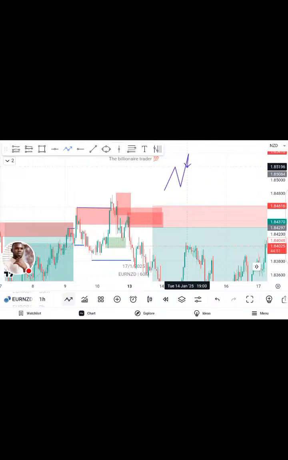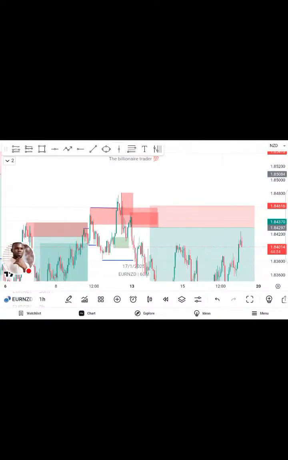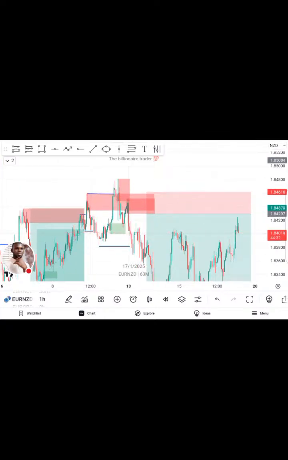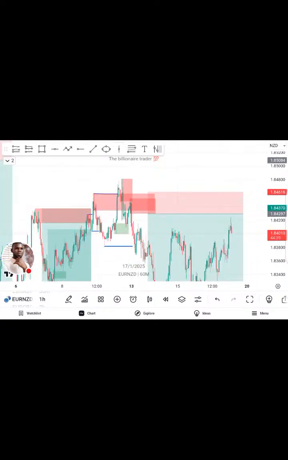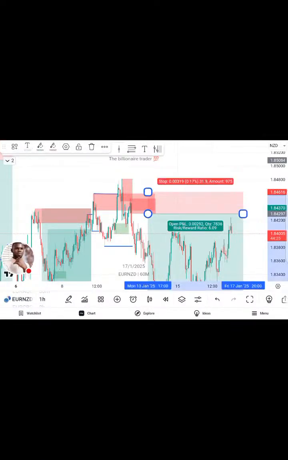Then we have a break of structure being invalidated, another break of structure. So it is expected that we should come back to this supply zone on that field and continue the journey. So two things actually come together for this setup. So that's why I'm expecting a sell from this area.